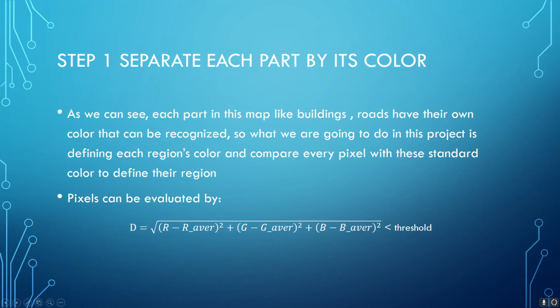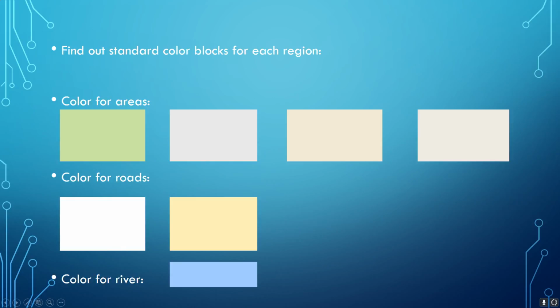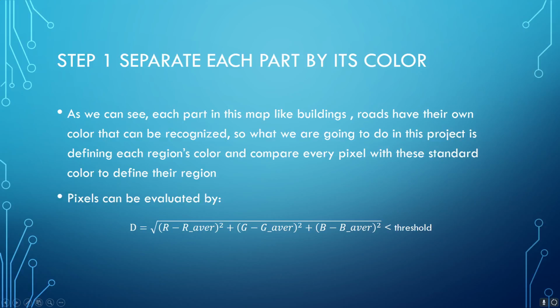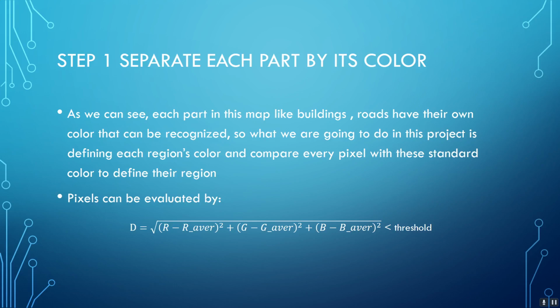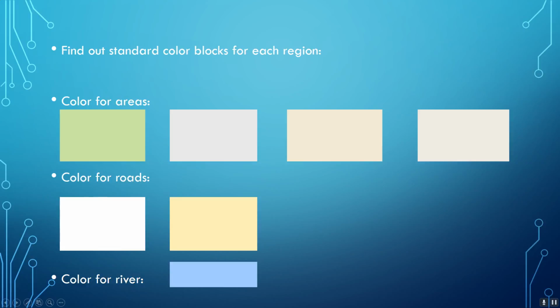We find maybe seven D values for different blocks, and we compare each with a given threshold value. If, for example, we calculated this pixel against this white road block, and we find that the D value we got is smaller than the given threshold, then we may consider that this pixel should be defined as a road pixel, and it belongs to the road region.